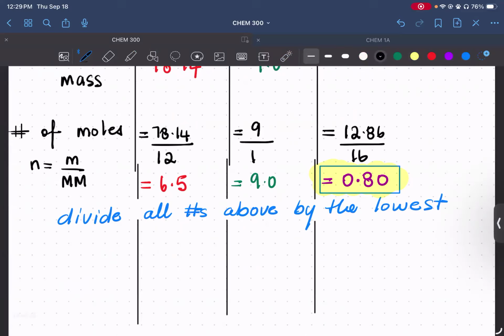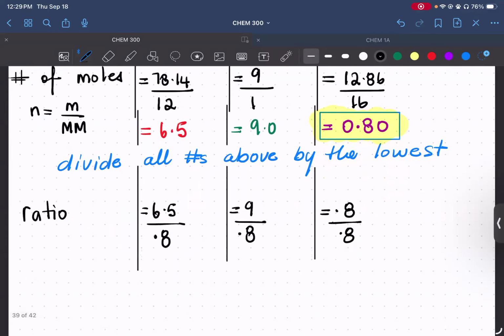That's what then gives us our ratio. So it will be 6.5 divided by 0.8, 9 divided by 0.8, and then 0.8 divided by 0.8. 6.5 divided by 0.8 is approximately 8.13.